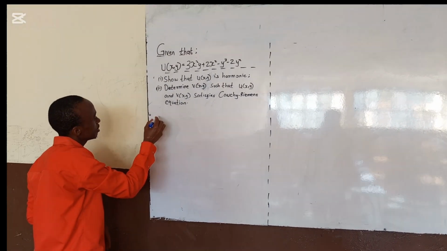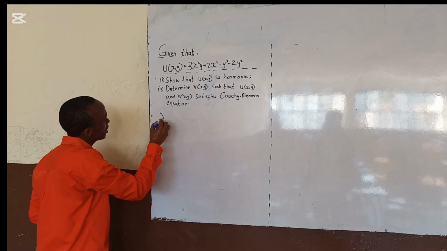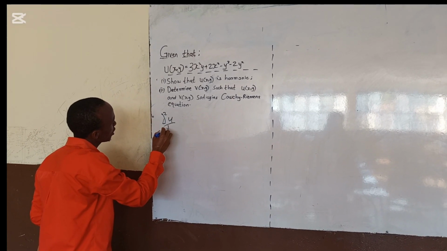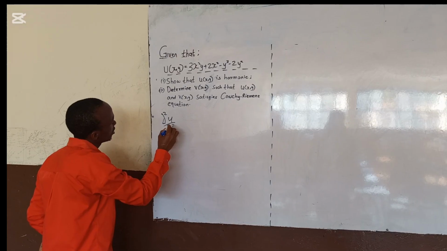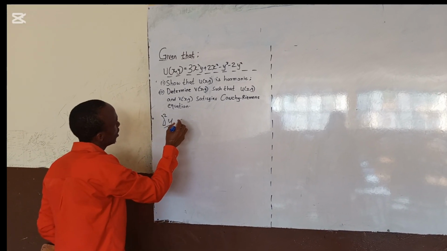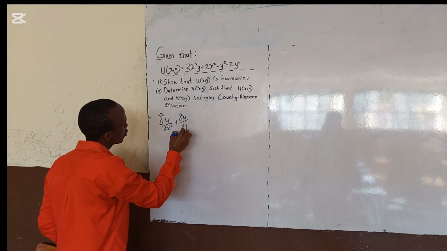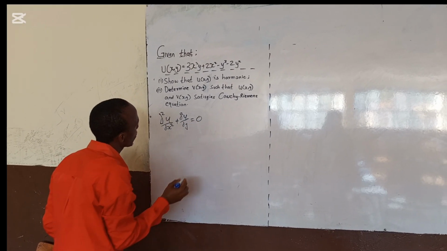So, we say that the second derivative of u with respect to x plus the second derivative of u with respect to y will give us 0.